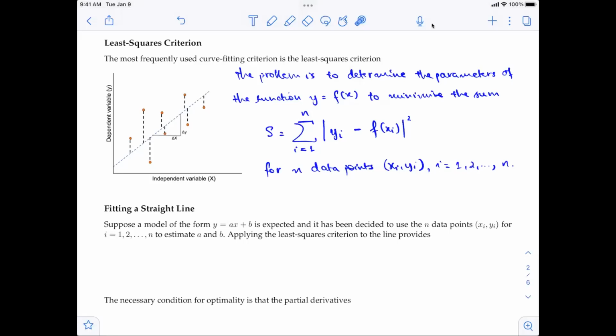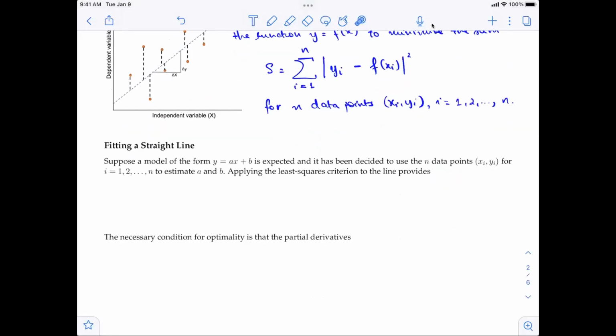Now we're going to apply the least squares criterion to the line. So S is equal to the summation for i going from 1 to n of the absolute value of y sub i minus f of x sub i, squared, and f of x sub i is equal to a x sub i plus b.